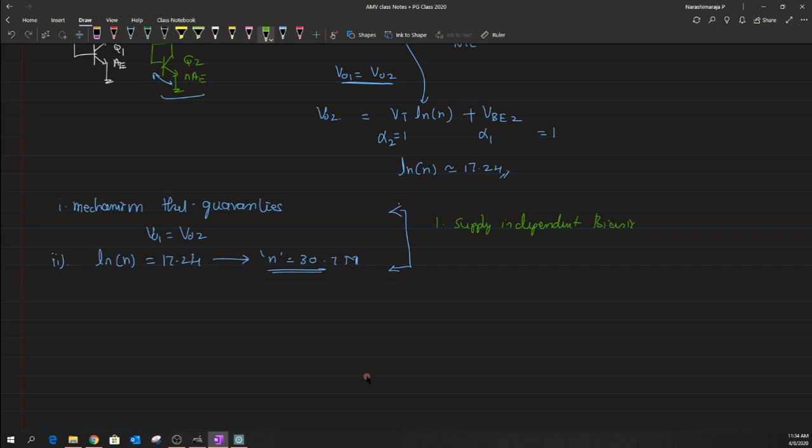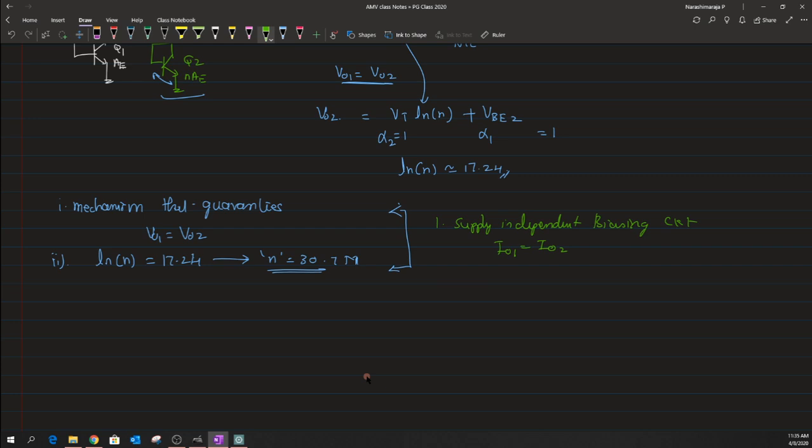We use this biasing circuit to ensure that our I naught across both the branches is the same. For example, if I label the I naught flowing across branch number 1 as IO1, we want this IO1 to be exactly equal to the current flowing across IO2, the second branch.